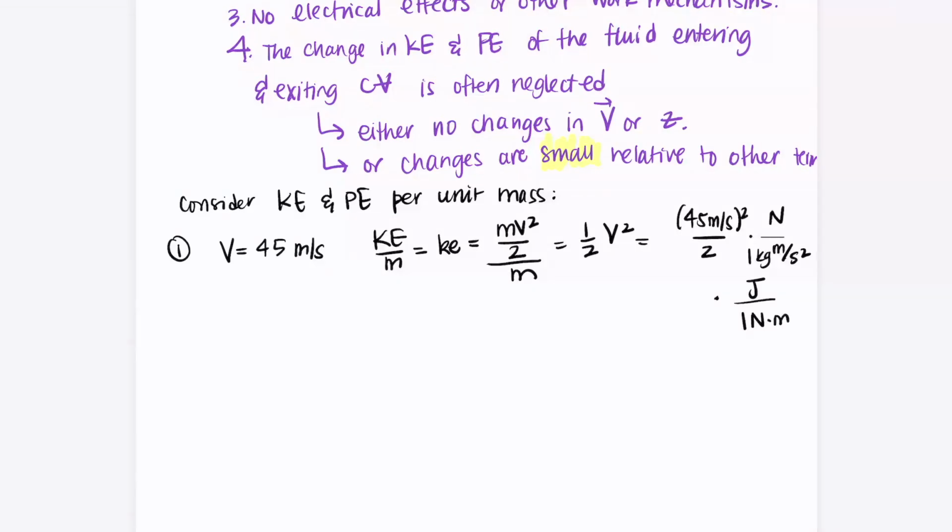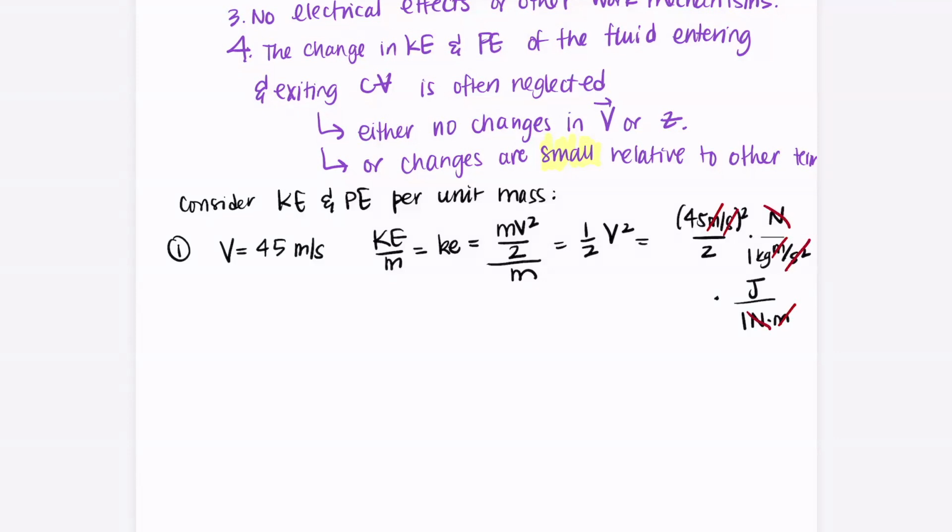Canceling out here, the meters squared cancels with the 2 meters in the denominator, the per second squared goes away, and Newton and Newton cancel.